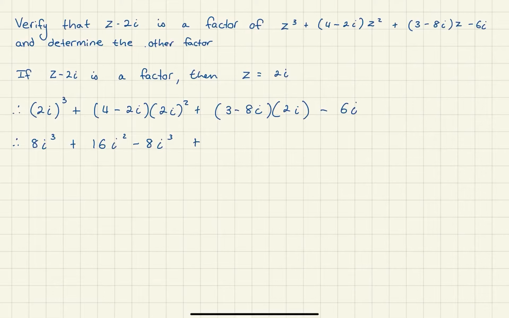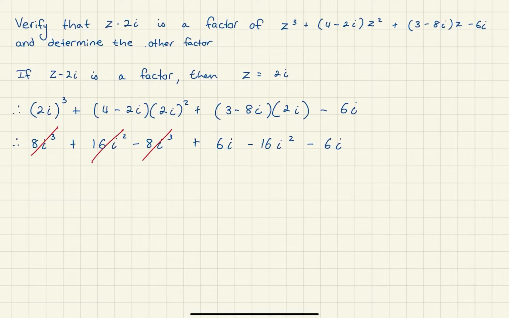Plus 3 times 2i is plus 6i. Then we've got negative 8 times 2 is negative 16i squared, because it's an 8i there and a 2i, so that's 16i squared. And finally I've got take 6i. Alright, let's check if this adds up to 0. We've got 8i cubed in positive, and we've got negative 8i cubed there.